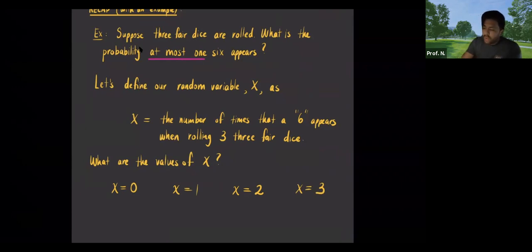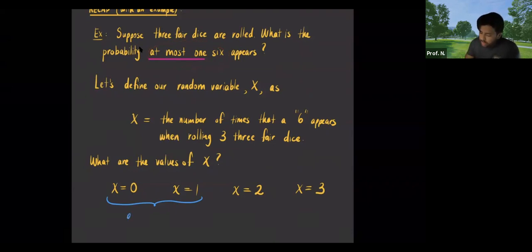Now, this phrase, at most 1, includes which one of these values? Correct, that's right. So these two values constitute the scenario that you have at most one. At most one means it could be 0 or 1.